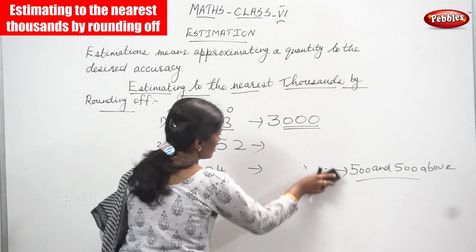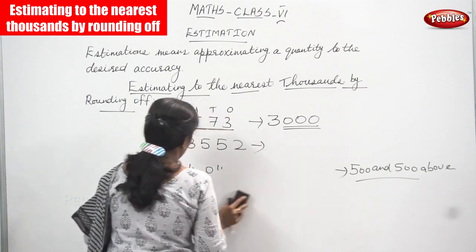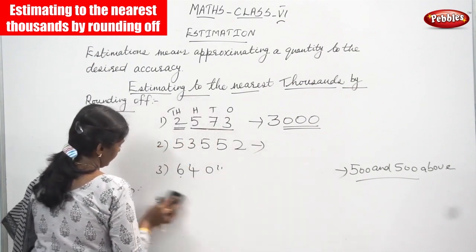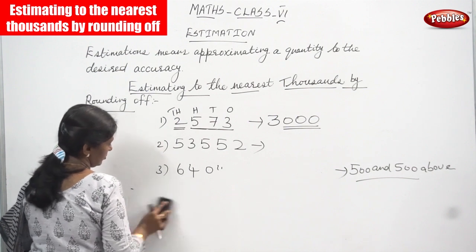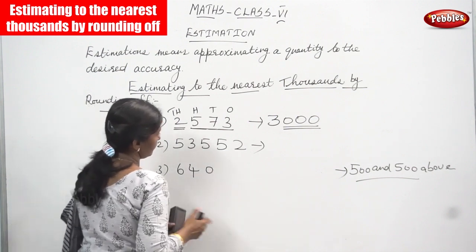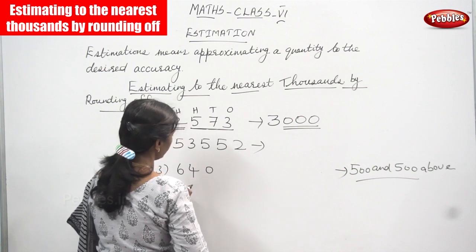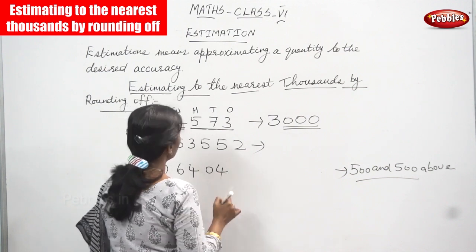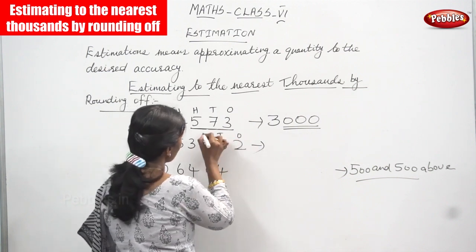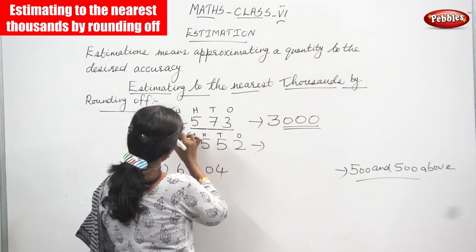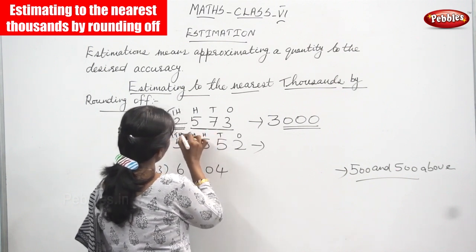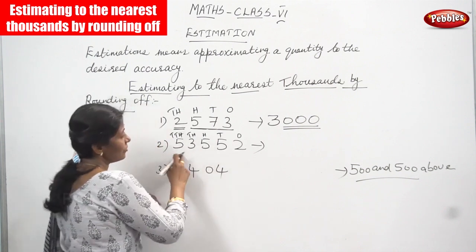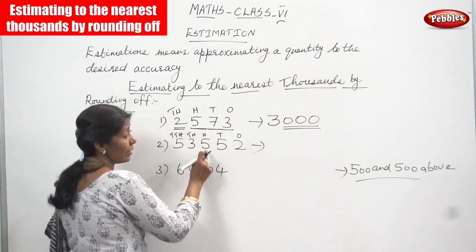Look at the next sum. Ones, tens, 100 and 1000, and this is 10,000. The number is 53,552.